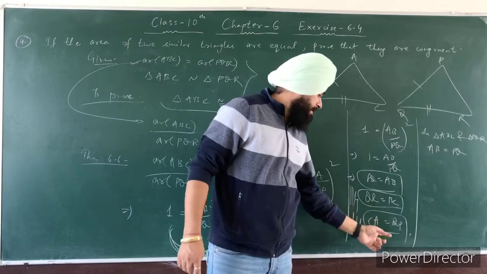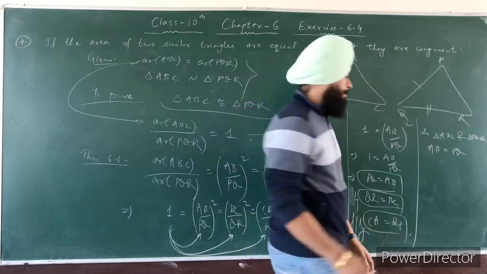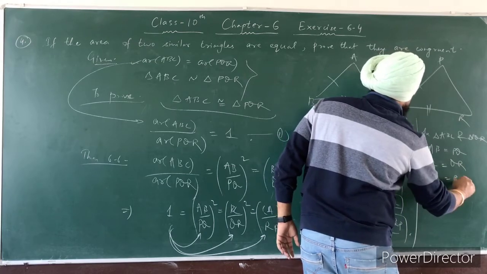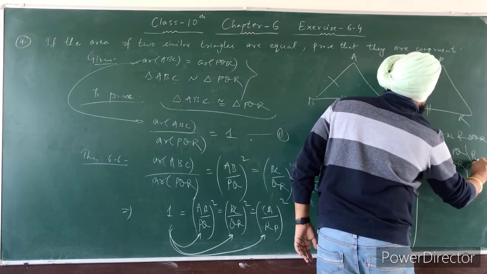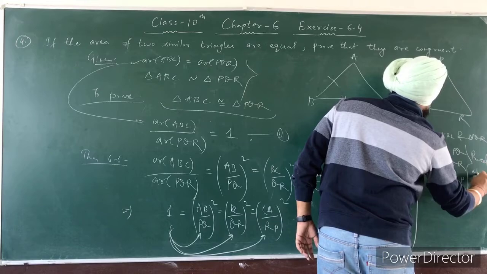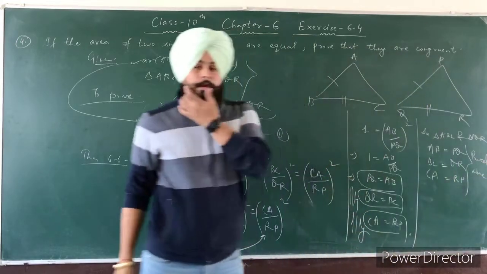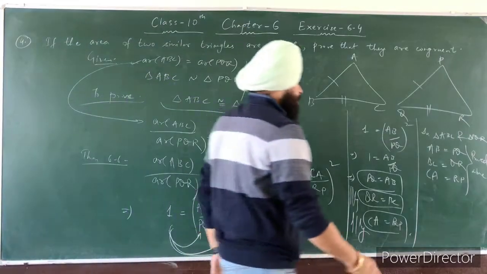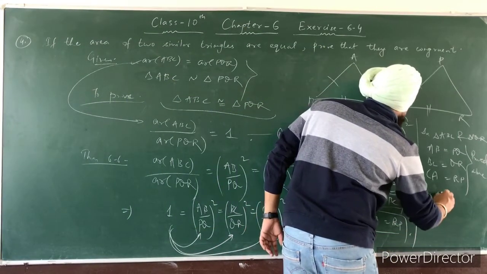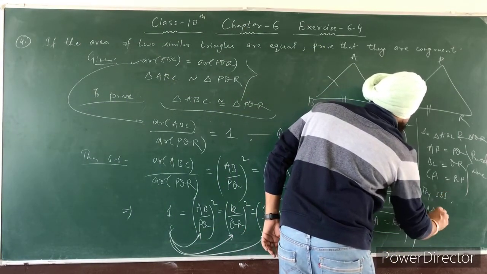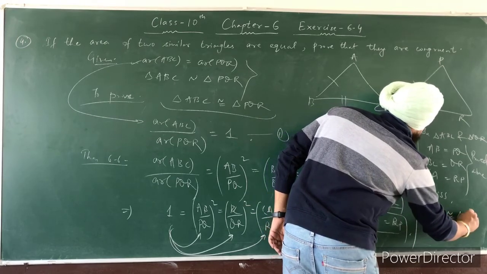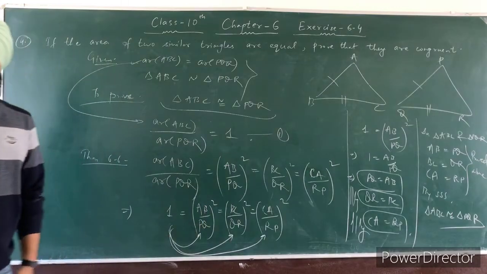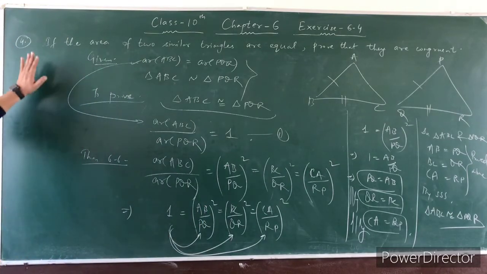And third is CA is equal to RP. Proved above. So by which rule? By SSS congruence rule, triangle ABC is congruent to triangle PQR. Alright. So this is your question number 4.